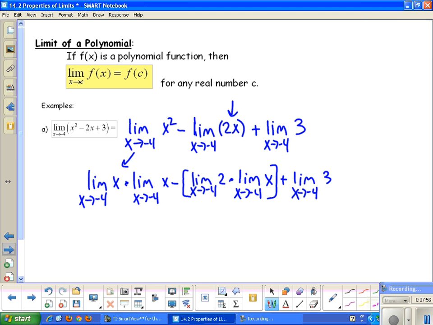The reason we split it up is because this allows us to use our properties of limits, the limit of a constant and the limit of x, to evaluate what this limit would be.